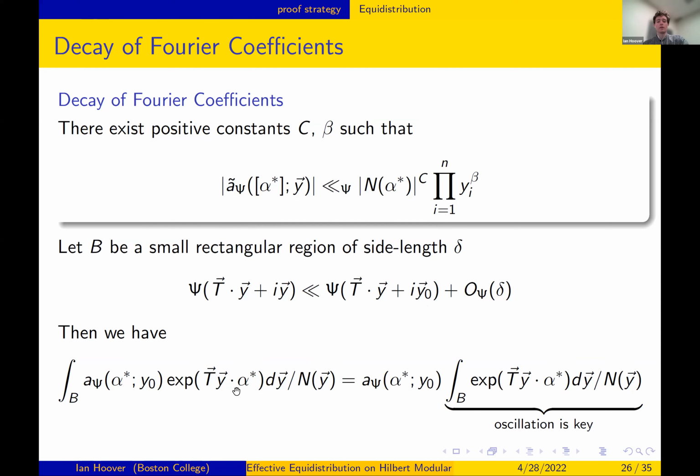And if we divide our region into smaller regions and sum over these regions, the point is that we end up looking at this integral here, where we have an integral over a small space of this exponential term. And it's important to be able to bound this using the fact that this is oscillating.